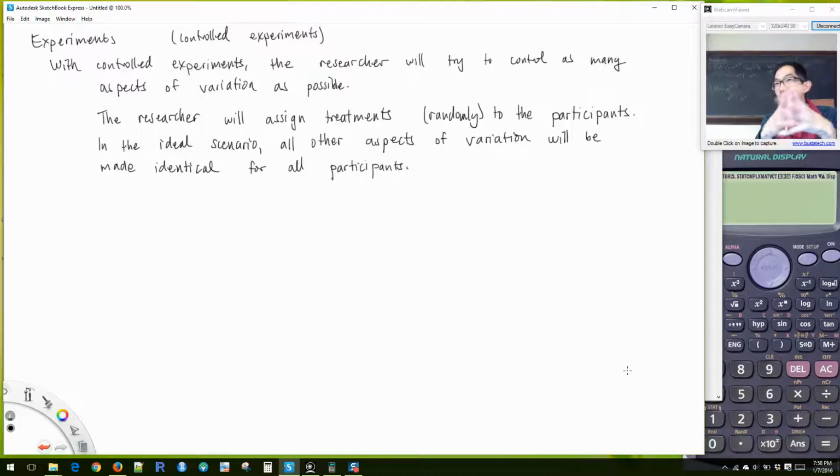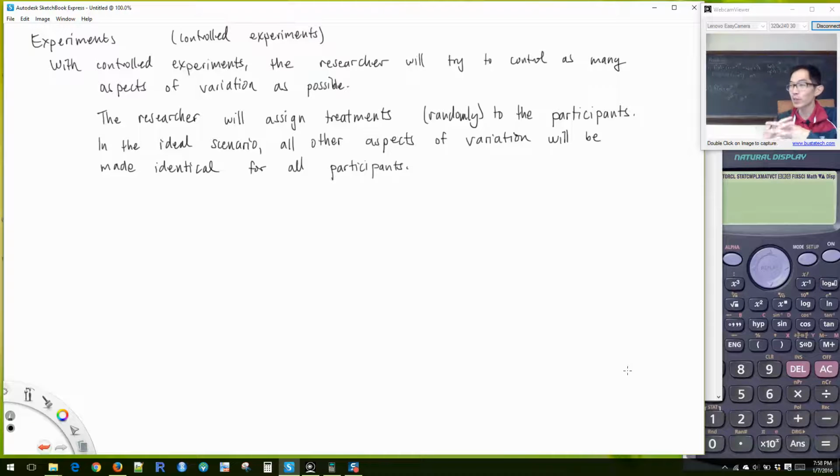And ideally, if we have 100 participants, 50 of them would get the cholesterol drug, 50 of them would get some kind of placebo, and then ideally everybody would be on the same diet, everybody would have the same amount of exercise, everybody would get the same amount of sleep, anything that could affect cholesterol.